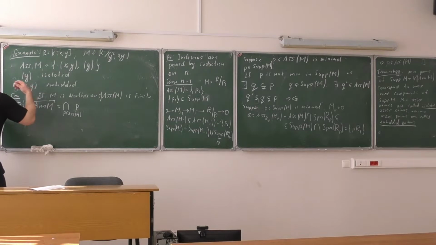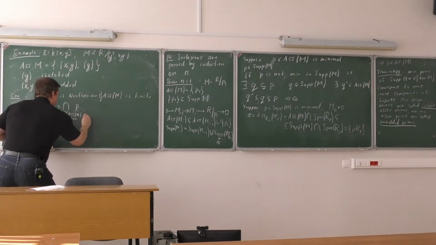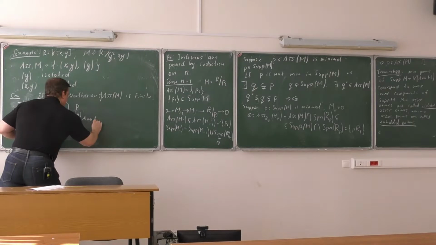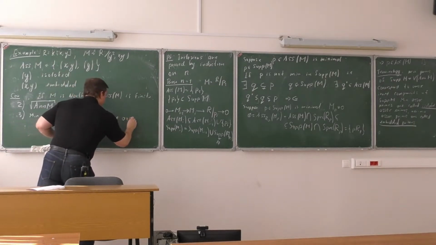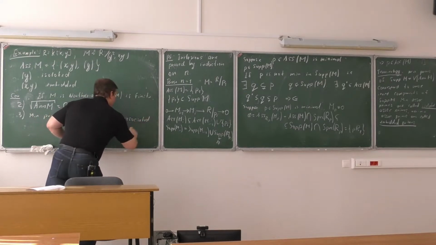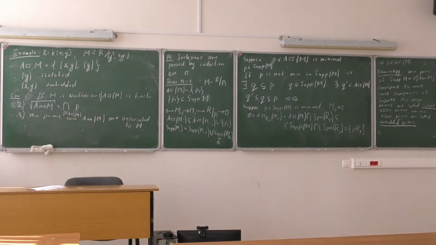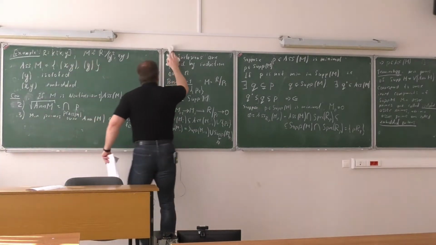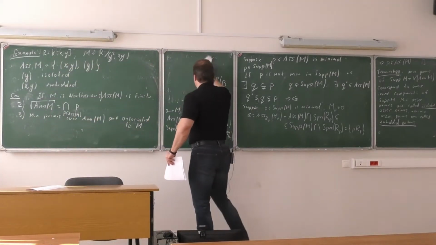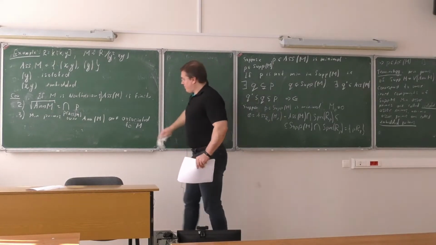And 3, so if, again, M is Noetherian, then minimal primes over the annihilator of M are associated to M. So in particular, you can see at least some examples of the minimal primes by this third part.